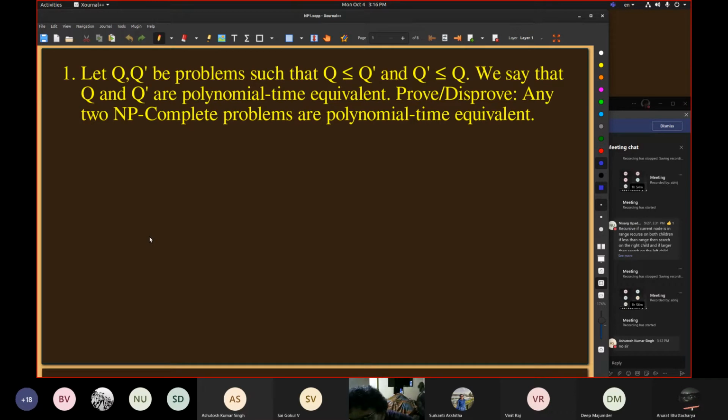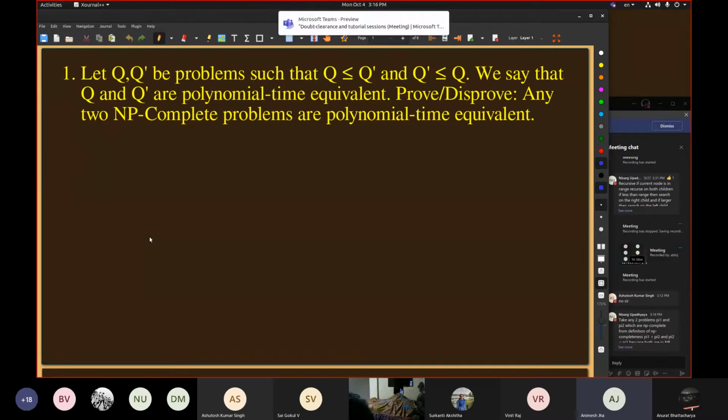So any suggestions? So we can use the fact that both Q and Q prime are NP hard, and Q will reduce to all other NP hard problems, not to all other problems, and the reverse thing will be true.